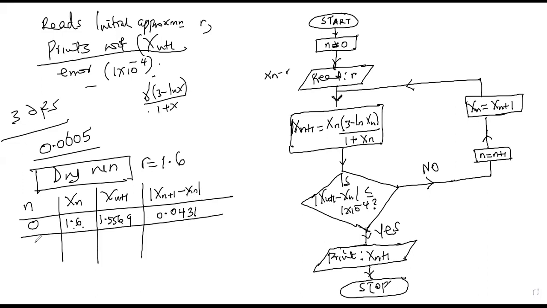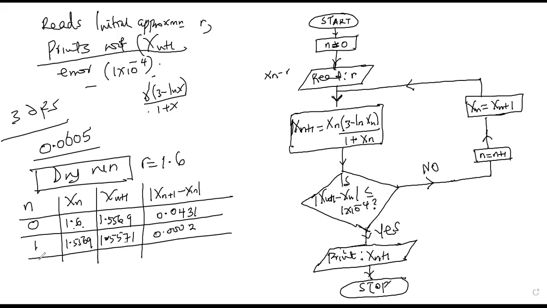So when we go to the second iteration, this one will act as our xn. So it will be 1.5569. When you substitute this value into the xn plus 1 formula, you're going to get 1.5571. And when you take the difference between xn plus 1 and xn, you come up with 0.0002.